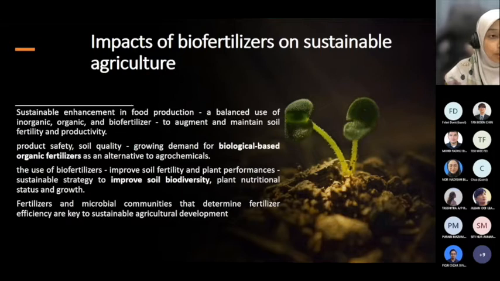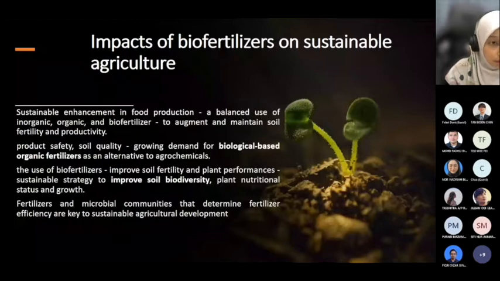So we used to understand that these biological-based organic fertilizers or biofertilizers are 100% safe, right? And can just be applied anytime, in any amount, that kind of thing. But now people are trying to understand the impacts of biofertilizers on those native microorganisms in the soil.